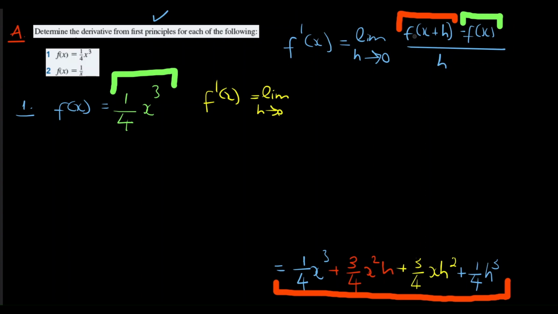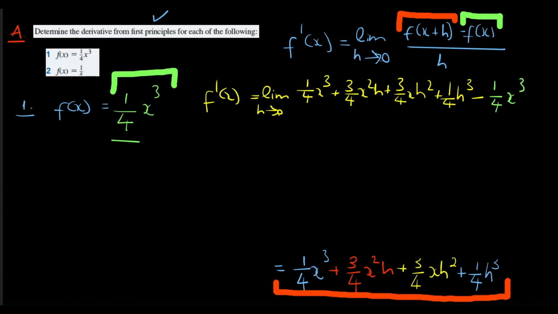We know that f of x plus h, we're going to substitute 1 over 4 x cubed plus 3 over 4 x squared h plus 3 over 4 xh squared plus 1 over 4 h cubed, minus our f of x, which is 1 over 4 x cubed, and this is all divided by h.